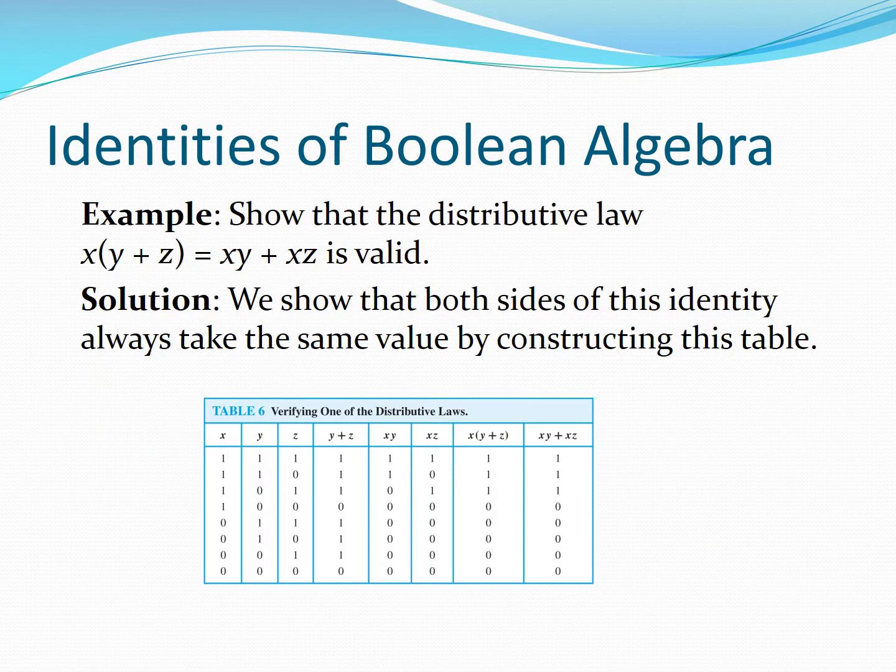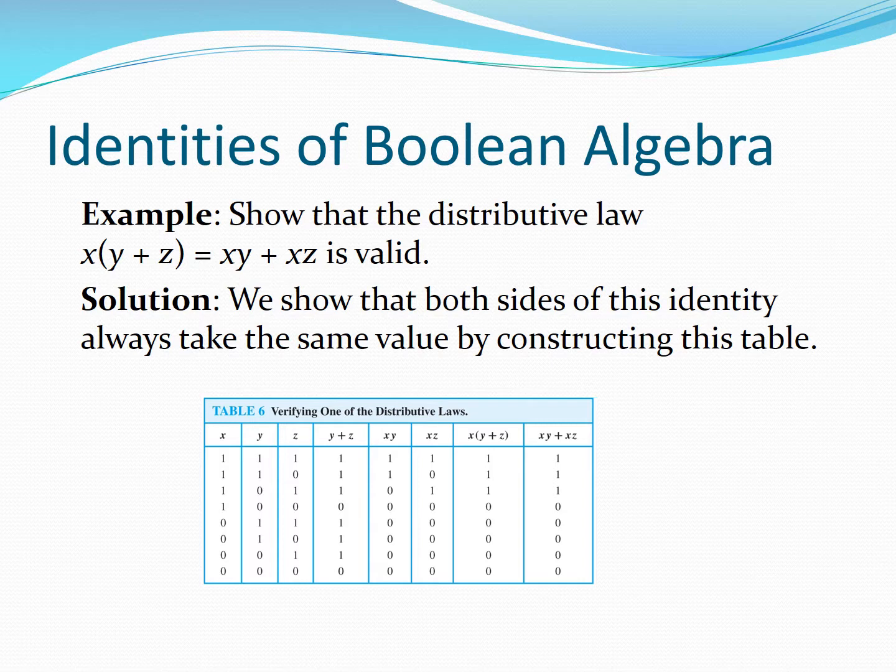Okay, so here is an example of how you're going to prove identities in Boolean algebra. Like I said, we are not going to be using the identities to prove the left hand side is the right hand side here. Instead, we are going to use the tabular approach. We are going to build a table for all the variables that are in the identity.